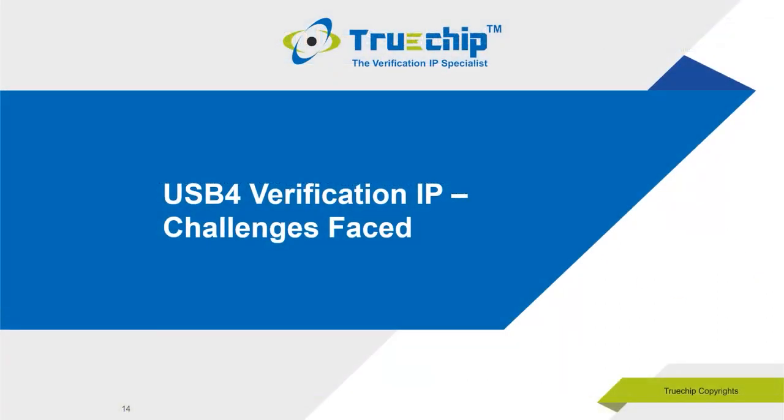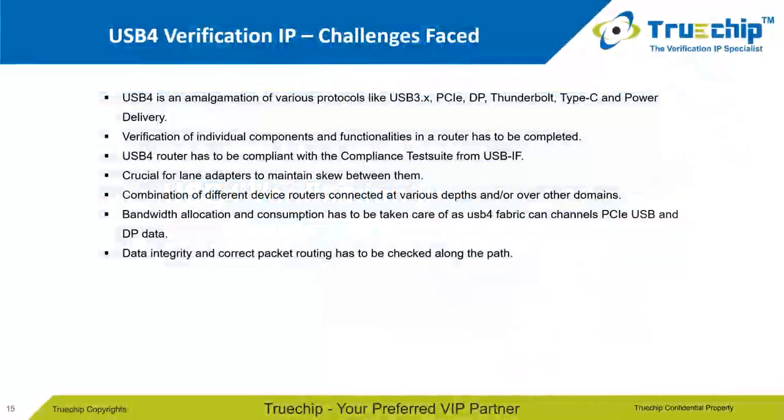Let's look at a few of the challenges faced to verify USB4. USB4 is an amalgamation of various protocols like USB 3, PCI, DP, Thunderbolt, Type-C, and power delivery. Testing of these protocols and verifying them with respect to USB4 is a difficult achievement.